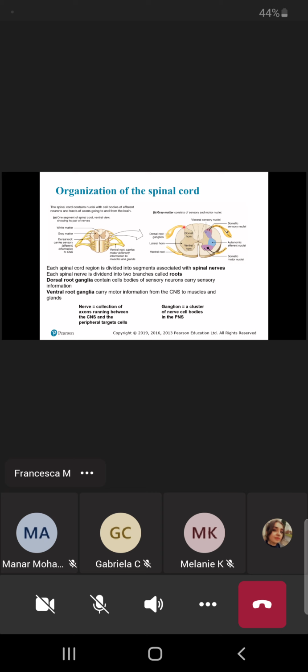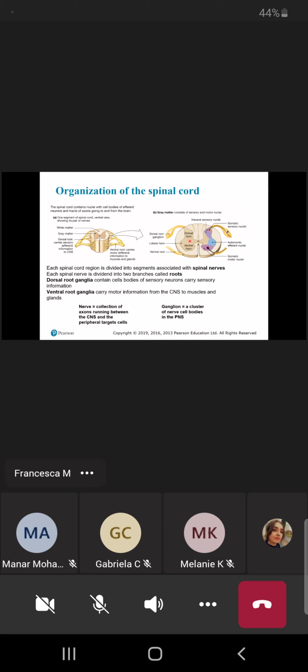And from these structures, we have the information movement. From the dorsal root ganglia, we have the information that moves from the periphery, the peripheral nervous system, to the central nervous system, using the afferent division that originates from the dorsal horn.